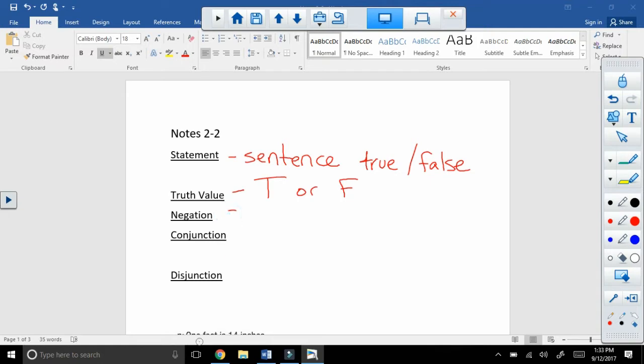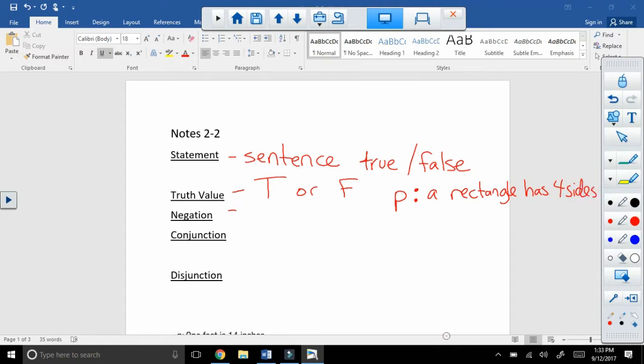And when we have different statements, let's say I'm going to call a statement P. Instead of writing out the whole statement, we could just say statement P. A rectangle has 4 sides. And that would be my statement.